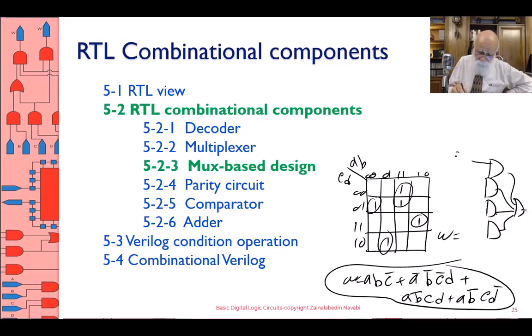And so you say A connects here, B connects here, C bar connects here, and on and on. All right? And perhaps you can do a little bit of factoring with some of them and make it look a little bit better, but that's all there is to it.